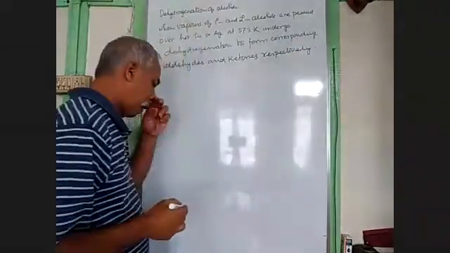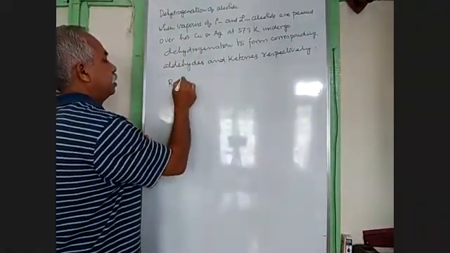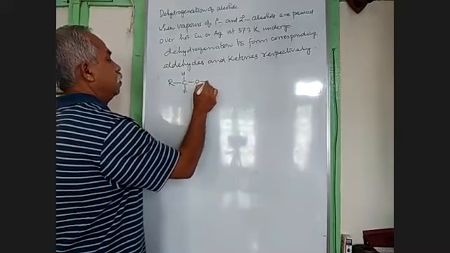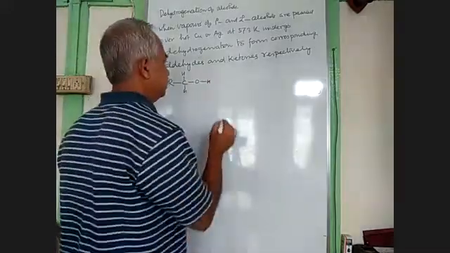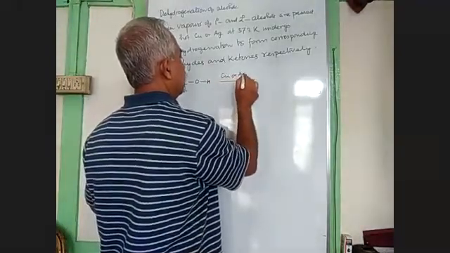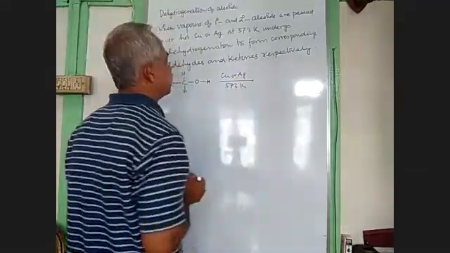Okay. So suppose I have taken primary alcohol RCH2OH, copper or silver, 573 Kelvin. So what is going to happen?